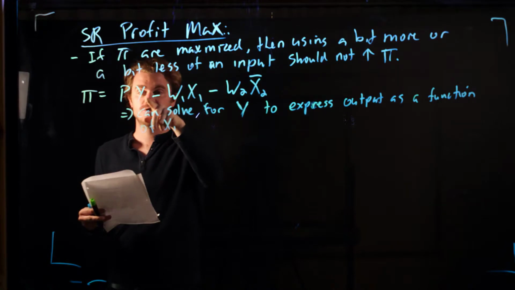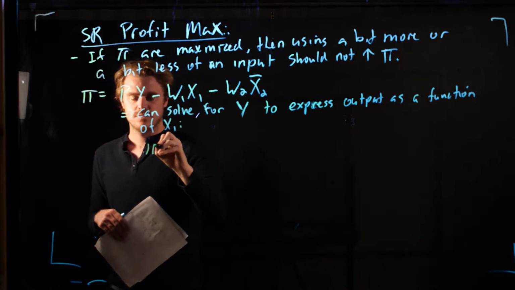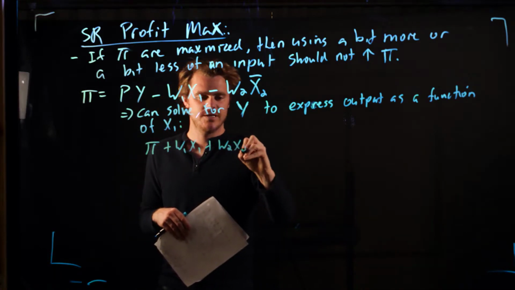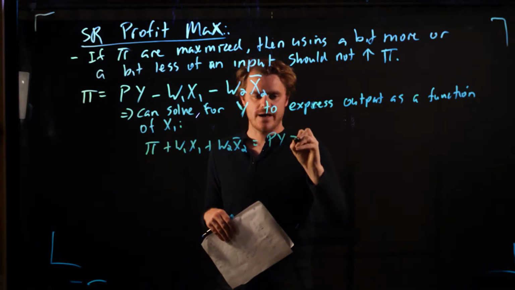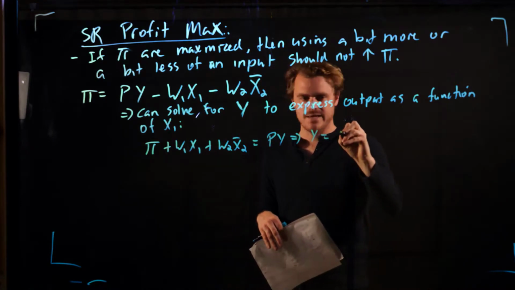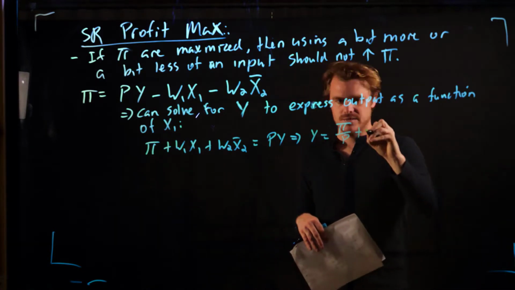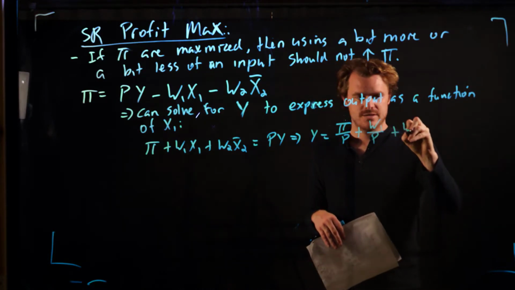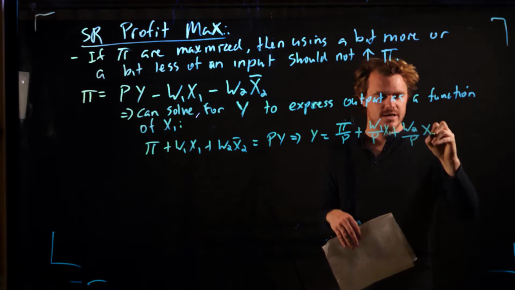So let's just rearrange this. Let's bring these terms to the other side. So now we have profit plus W1 X1 plus W2 X2 bar equals P times Y. Well, we can rearrange, let's divide both sides by P. So Y equals pi over P plus W1 over P times X1 plus W2 over P times X2 bar.